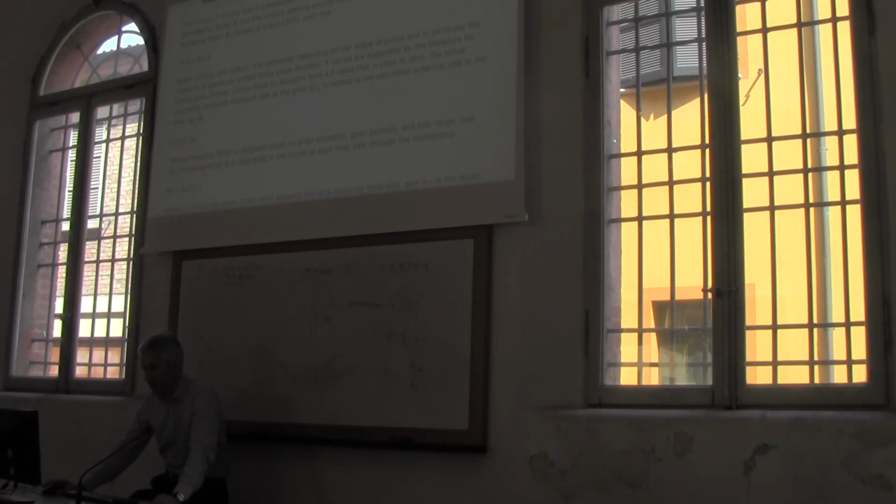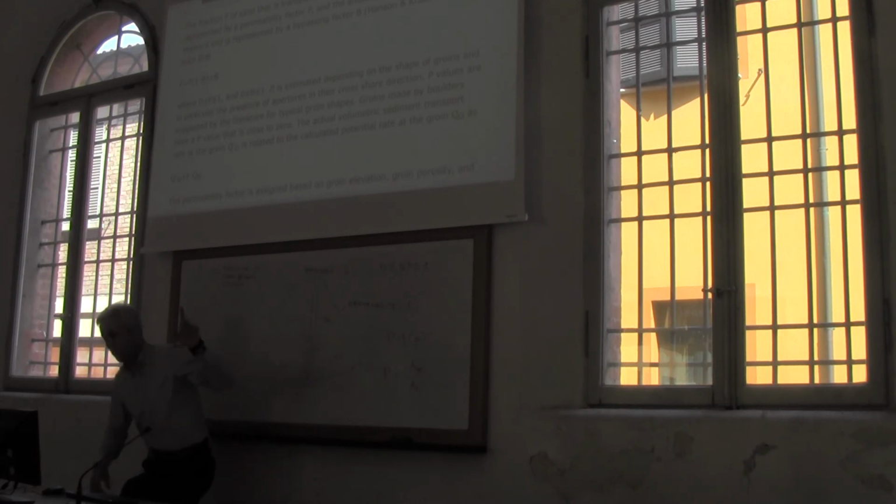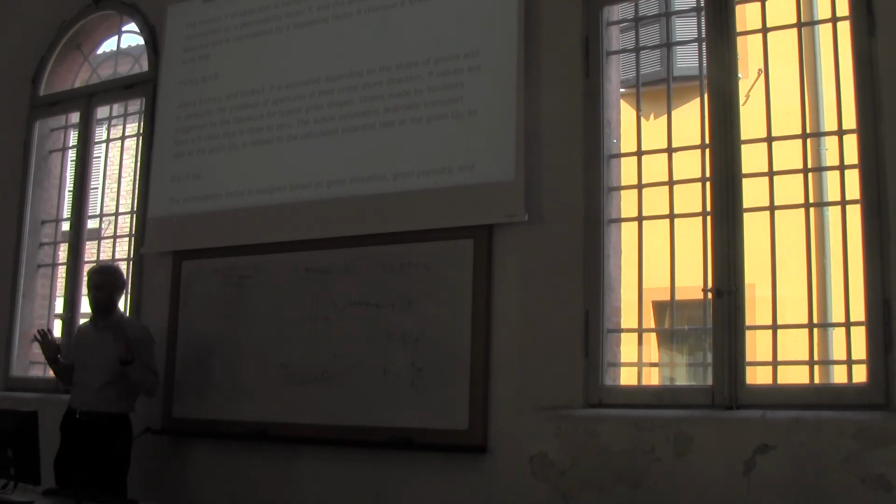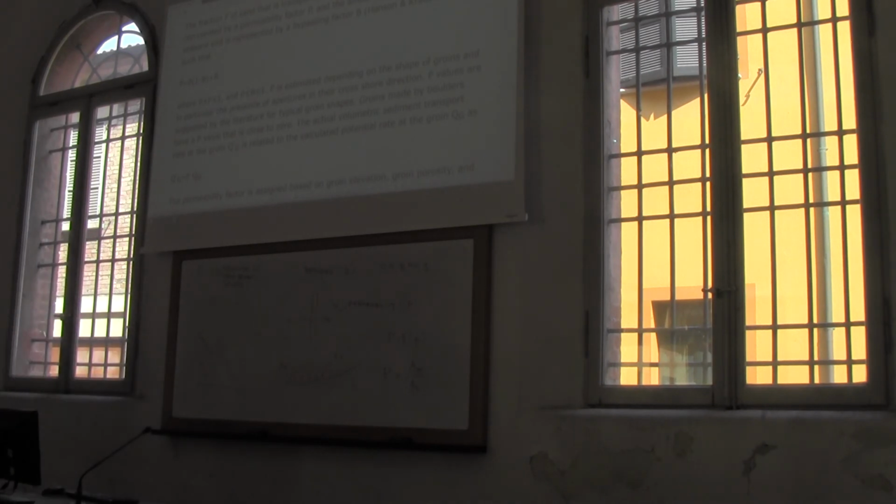Fine. The actual volumetric sediment transport in the structure is related to the calculated potential rate as the multiplication of the original sediment transport times F. F is computed in this way, you see here. F is equal to P, which multiplies 1 minus B, plus B. The bypassing B is usually determined according to empirical formulas.